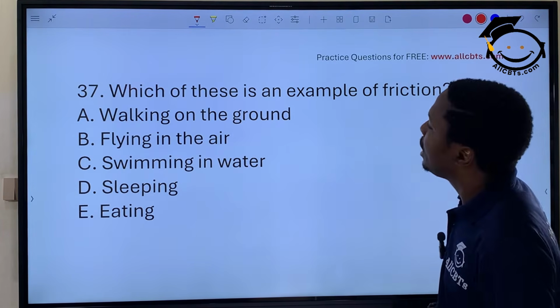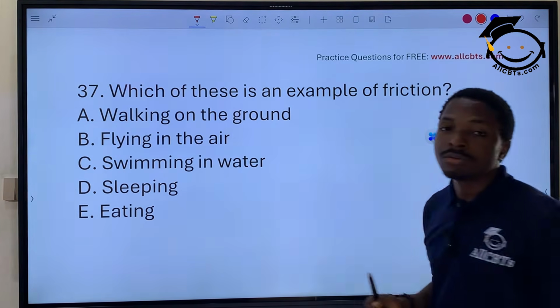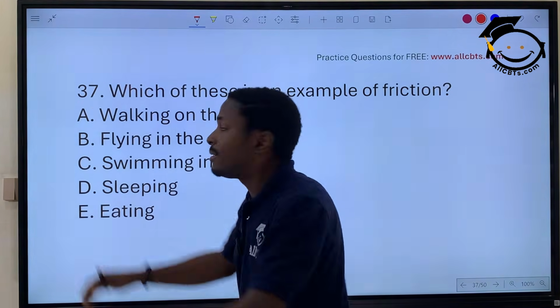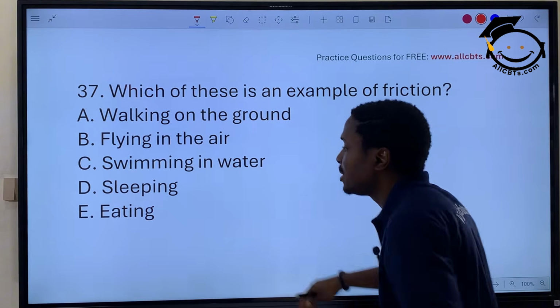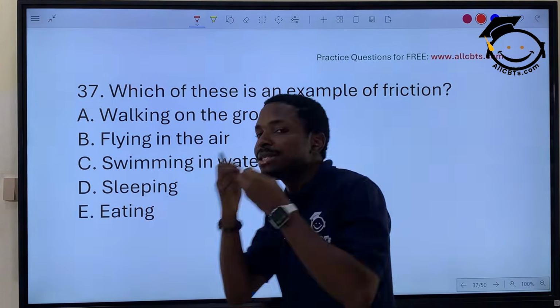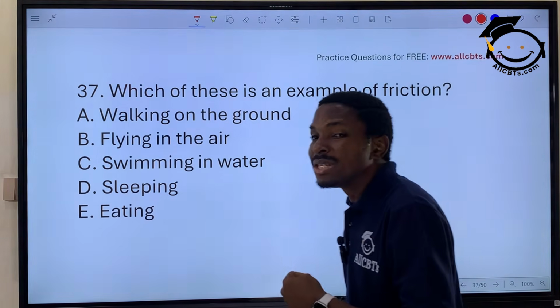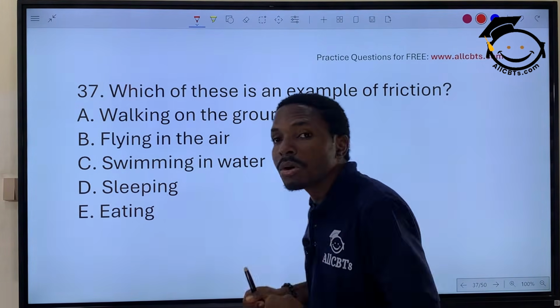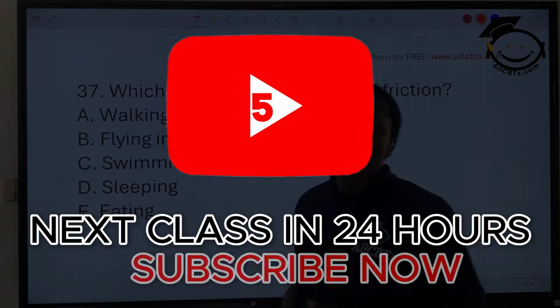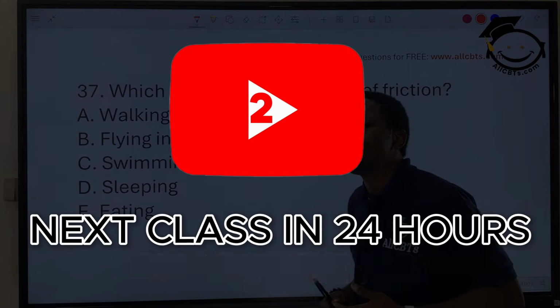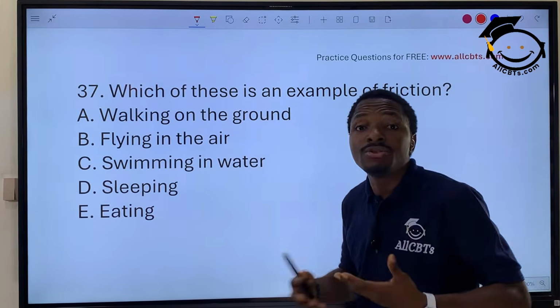37. Which of these is an example of friction? Walking on the ground, flying in the air, swimming in the water, sleeping, or eating. So an act of friction is when we walk on the ground, because it's friction that helps you to be able to walk without slipping. If you want to be sure, pour oil on the ground, because oil reduces friction.